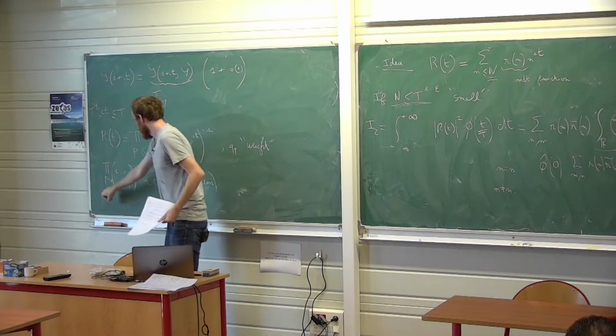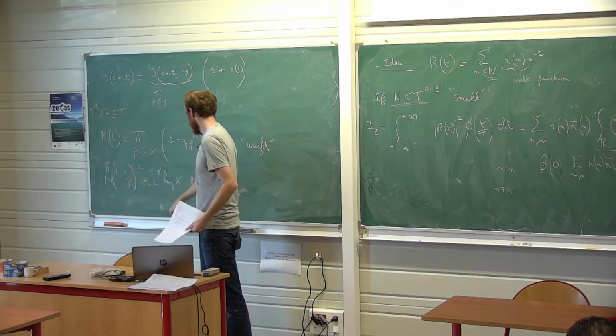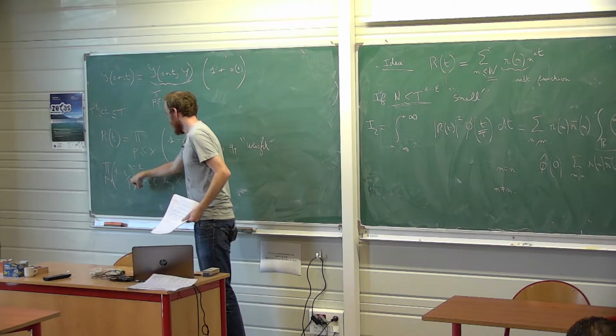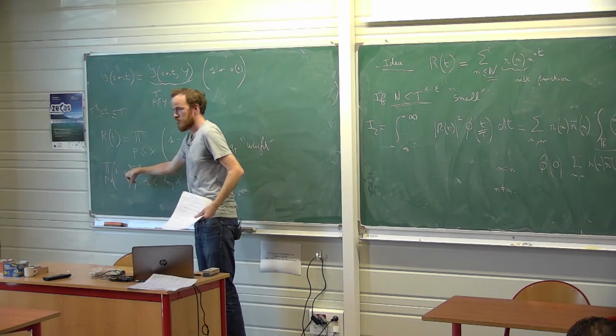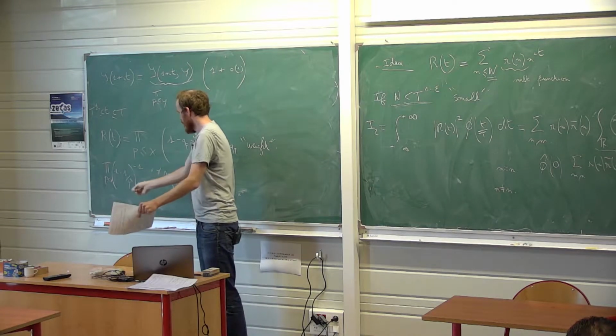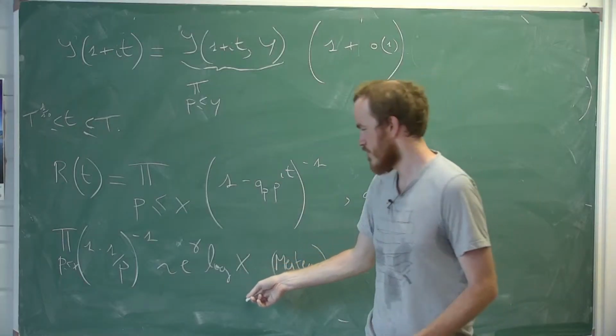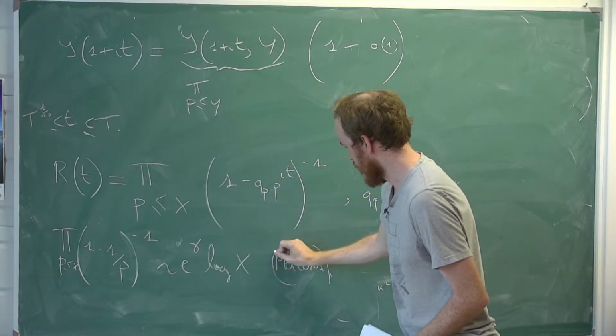So if you can take x big enough, you will have large values if you can relate your large values to this product. The more primes you can fix, the bigger you can get values of your zeta function. So that's what we wanted to do.